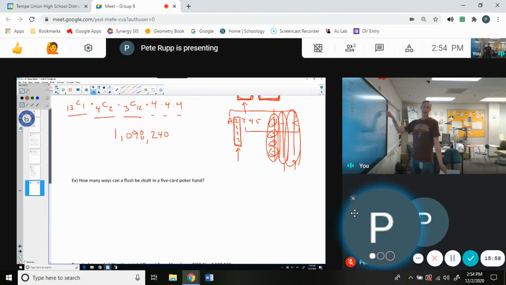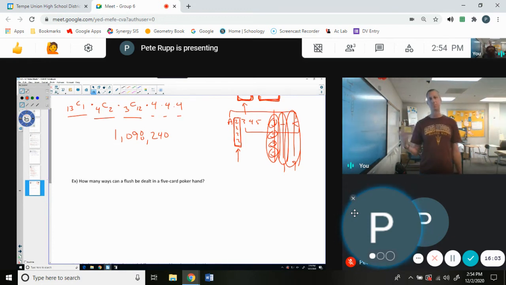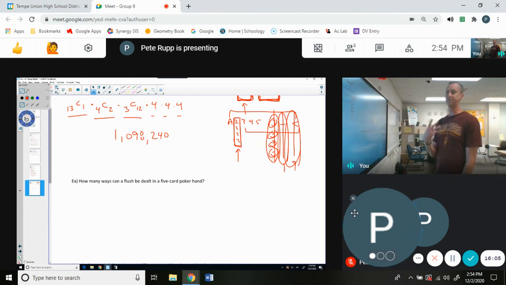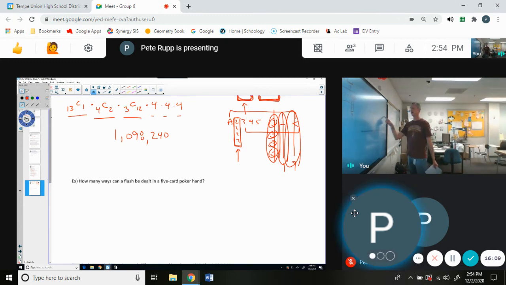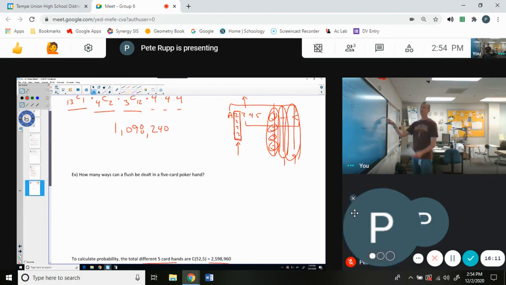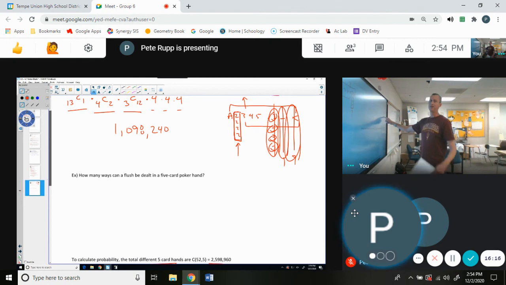So it's not quite half the probability, but it's almost there. About half of the time you're dealt 5 cards, 2 of them are going to match. The fewer the number of ways it can happen, the stronger the hand, and you'll know that if you play poker.